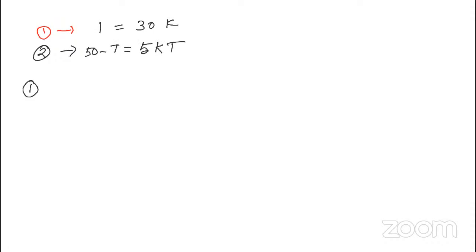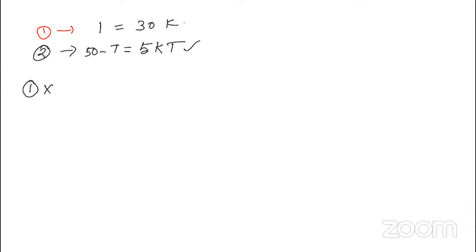Right. So first, I have to write the first equation. That is 1 is equal to 30 into K. And the second equation is 50 minus T is equal to 5 into K into T. Here I have multiplied, here it is KT, here it is only K. So we need to equate this equation.